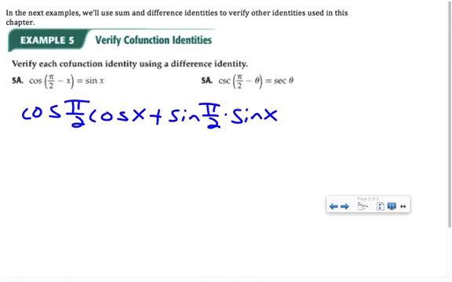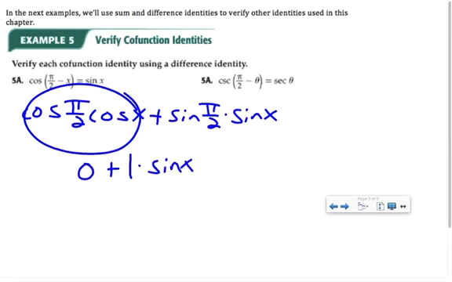Well, the cosine of pi over 2 is 0, and 0 times anything is 0. So I have 0 plus the sine of pi over 2, which is 1, times the sine of x, and lo and behold, that's what I was aiming for.